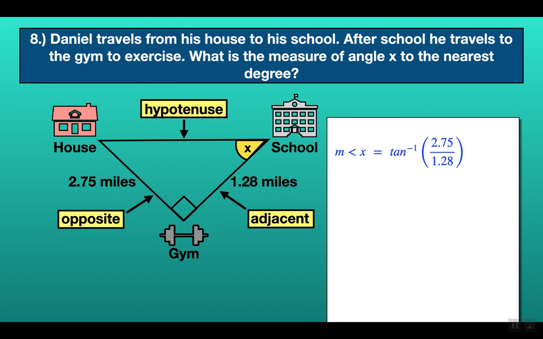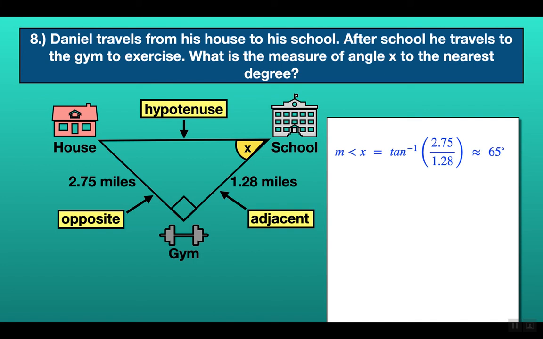So in your calculator, you should do 2.75 divided by 1.28 equals, then hit the second button, and then hit the inverse of tangent button, and that'll give you the answer.